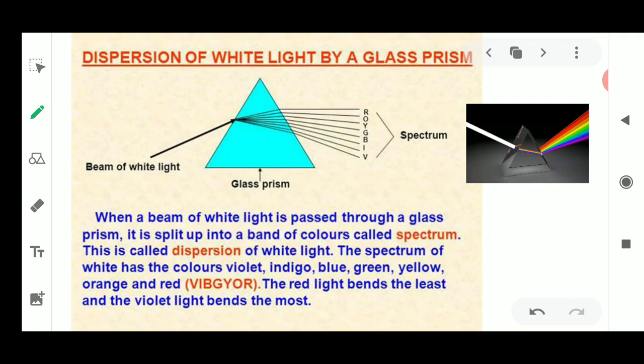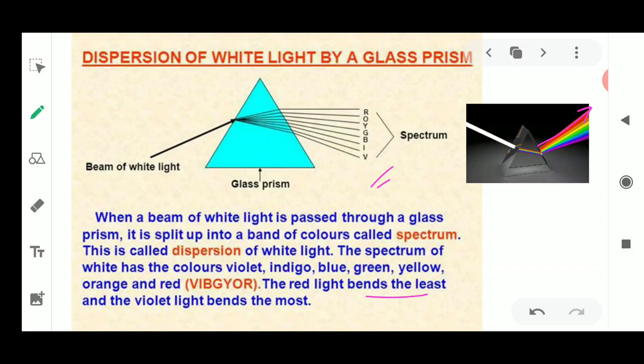Whenever white light is present, it has several colors, and this could be proved with the help of this prism experiment, where white light passing through the glass prism is split into a band of 7 colors, known as the spectrum, and these colors are named VIBGYOR. The red color bends least, and you could see the bending is very little, so it is moving away from the normal.